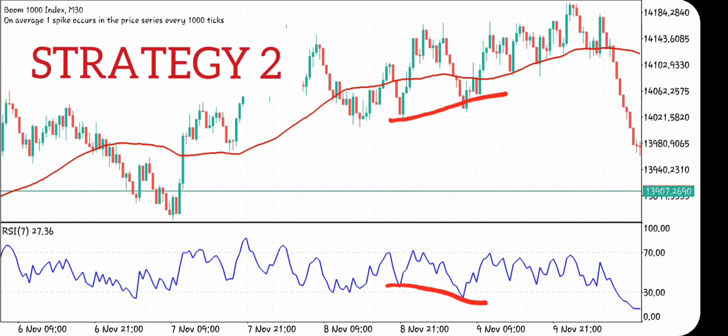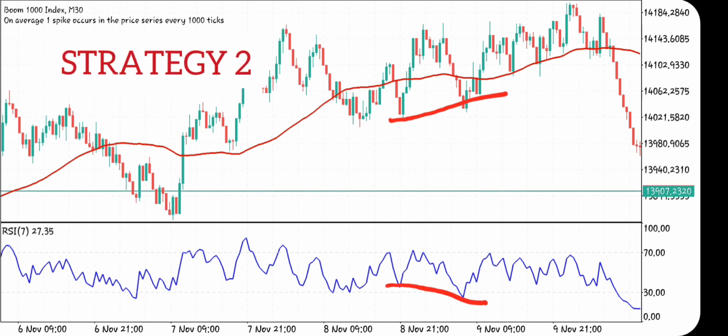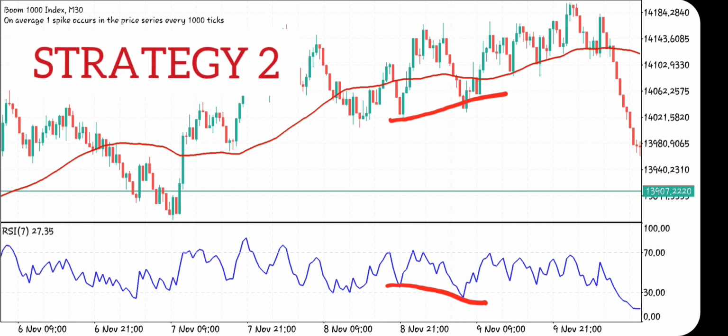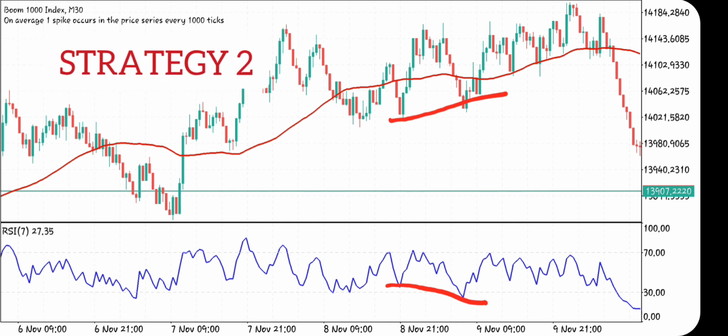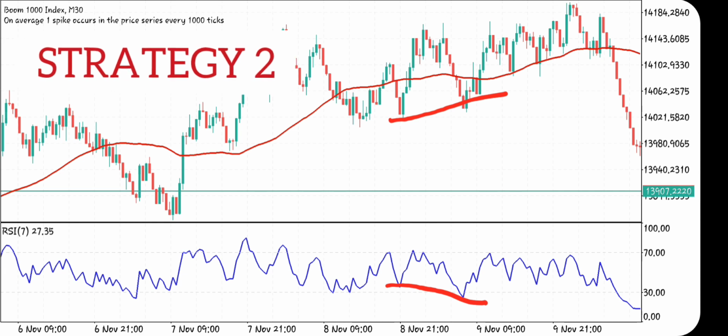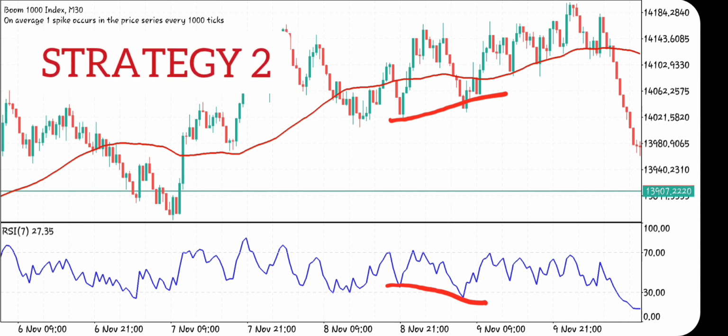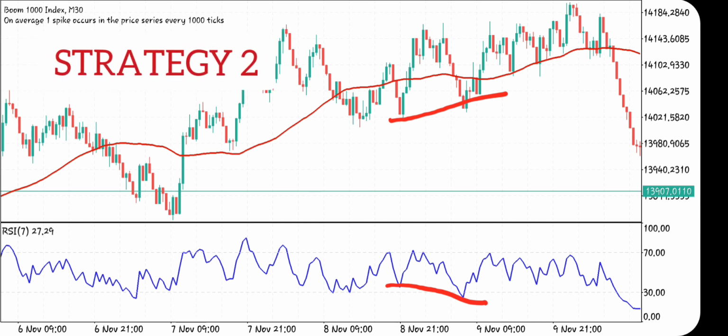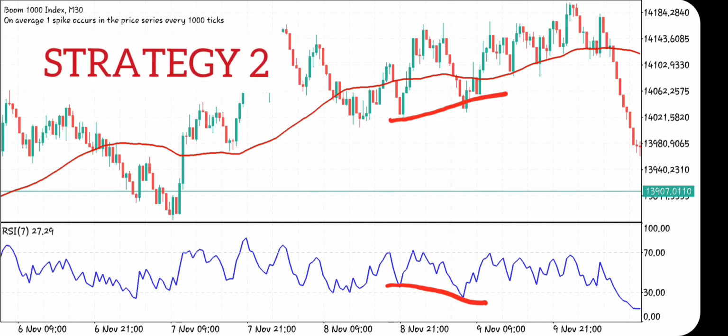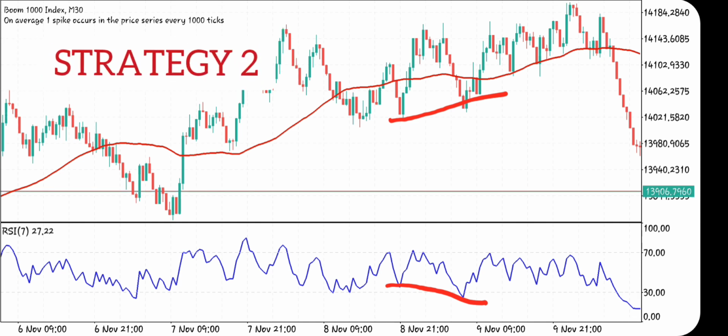RSI divergence is basically when price is forming a higher high and our RSI is forming a lower low. So that is a very good confirmation that price is very likely to reverse. That is a reversal strategy that we can follow.